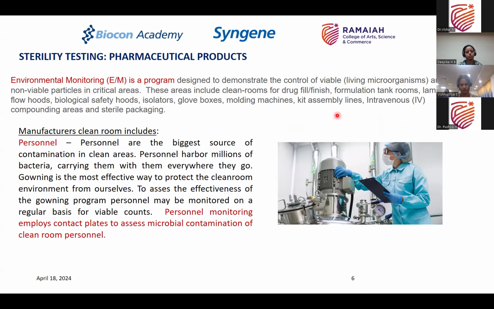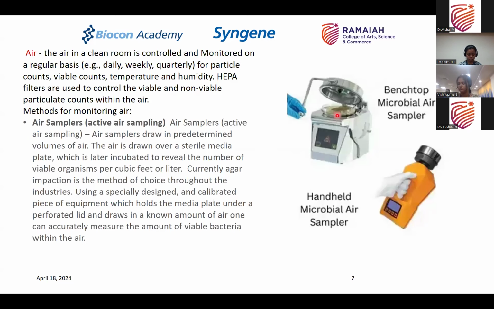One is personnel, that is the person who is entering inside, whether the wares they are wearing are sterile or not, that we have to monitor. The chances of contamination are majorly through that. That is the reason the wares they are wearing should be sterile, and the environment, that is the air in that particular region, should also be maintained sterile.